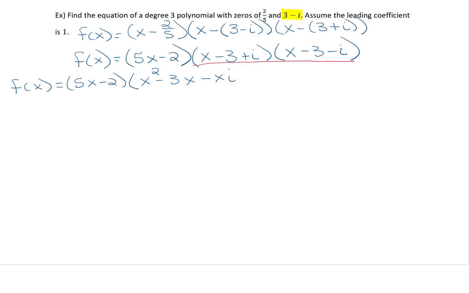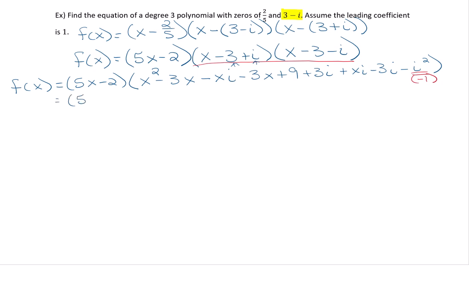Now let's distribute the negative 3 here. We'll get a negative 3x plus 9 plus 3i. Now let's distribute the i, and we get plus xi minus 3i minus i squared. And remember that i squared is actually a negative 1 by definition.